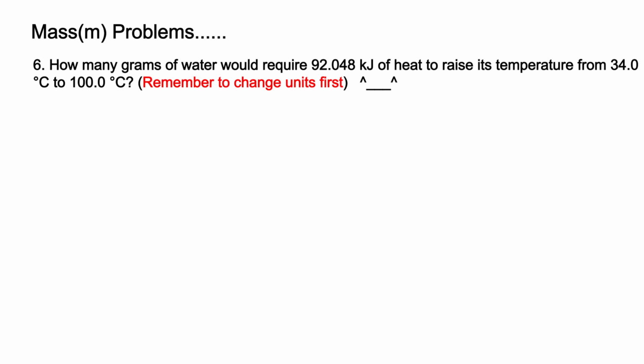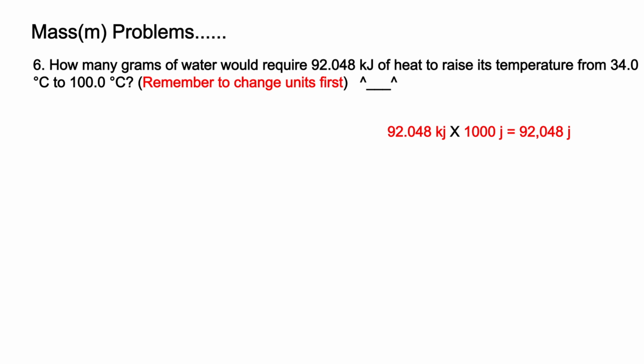So we have a heat of 92.048 kilojoules, and they are asking us to change the units. We are going to do it the same way we did in the other problems. We are going to multiply it by 1000. Why? Because a kilojoule is equal to 1000 joules. So 92.048 times 1000, and we will have 92,048 joules.